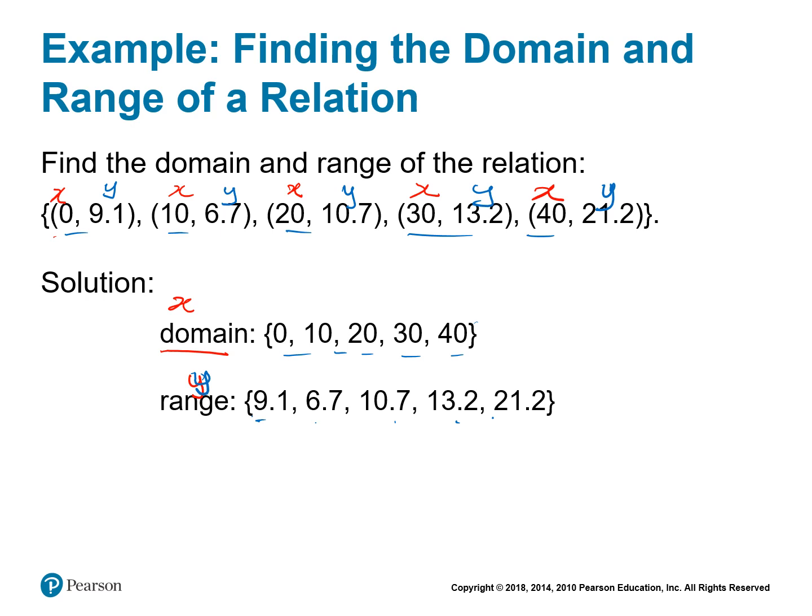It's as simple as that. As long as you know the domain are all the x values and the range are all the y values, then it shouldn't be a big deal to answer this question.